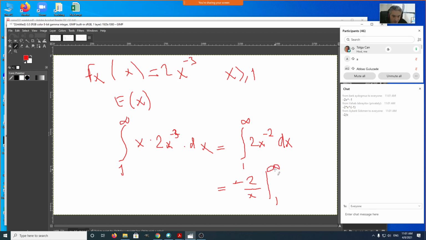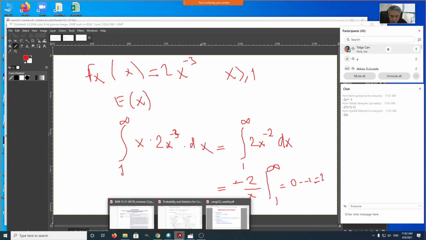When you plug in infinity for x, it's going to be 0, and then 0 minus minus 2. I think it's going to be 2. Let's go ahead and take a look at what we have in the book.